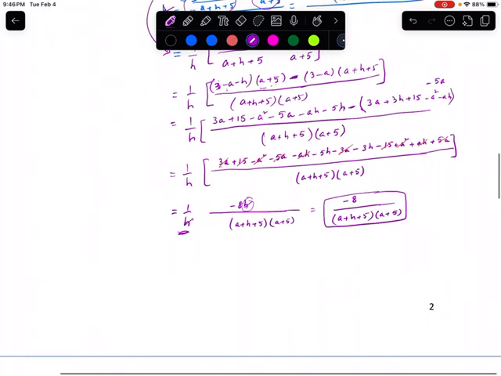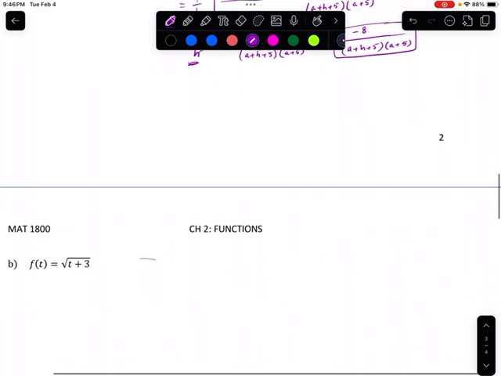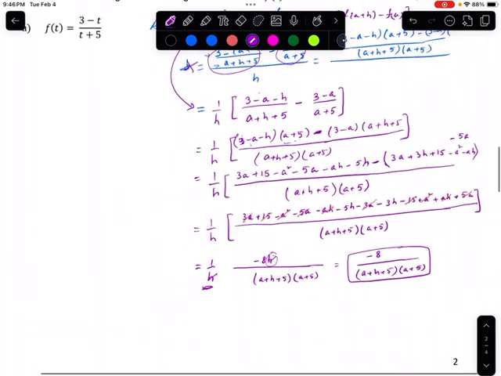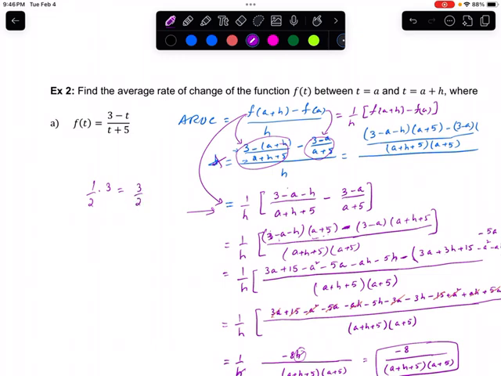So this involves a lot of work. The previous one was not that bad. If you learn this technique, how was I able to write it like this? Because remember, if you have 1 over 2 times 3, what is the answer? You get 3 over 2. It means if you have 3 over 2, you can write it like this. In the same way, 3 times 1 over 2 also is 3 over 2.